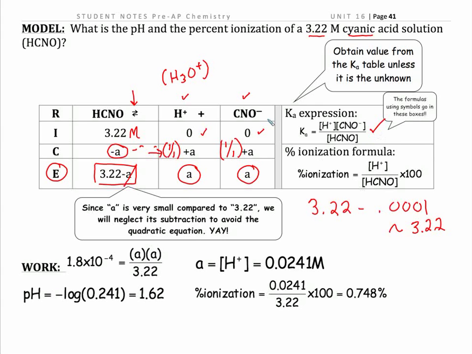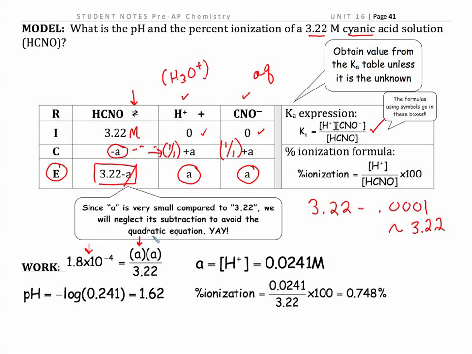Now, we set up our Ka expression. This is an acid, so everything's aqueous. Products over reactants. This is my formula, explicit, not just the word acid here, but explicit formula for my percent ionization. Now we can plug in. This you'll get from a table, unless it's your final unknown.